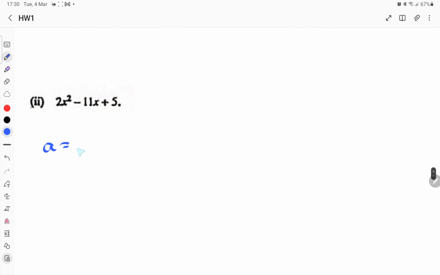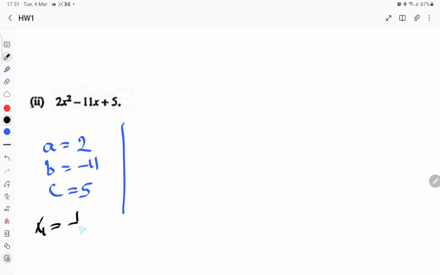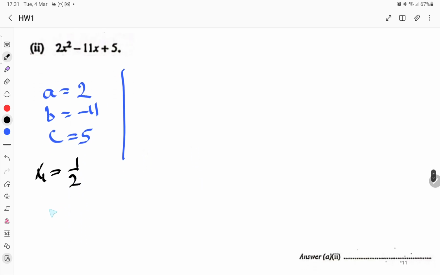Again here, factorize. A is 2, B is -11, C is 5. So whenever you want to factorize this out, you are gonna do it with the calculator. Mod 5, 3. So we're gonna have x1, which is 1 over 2, and x2 is gonna be equal to 5.